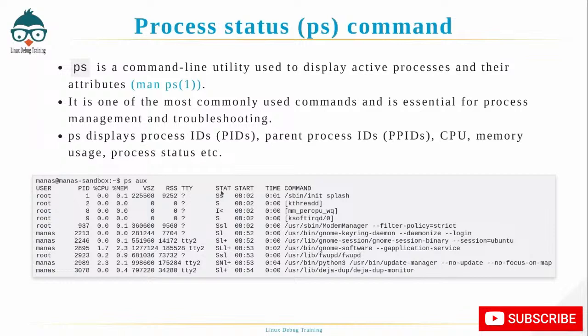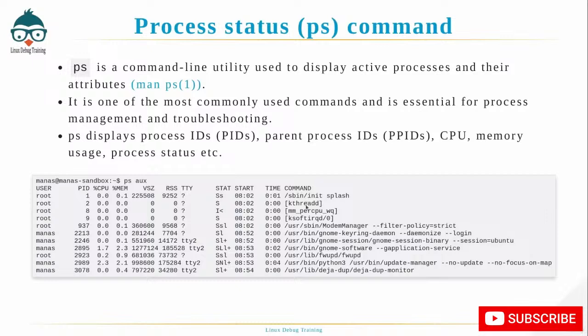STAT represents the status code indicating the status of the process, whether the process is sleeping, running, or idle. START represents the start time of the process. TIME represents the cumulative CPU time consumed by the process. And finally, COMMAND represents the program being executed by the process.